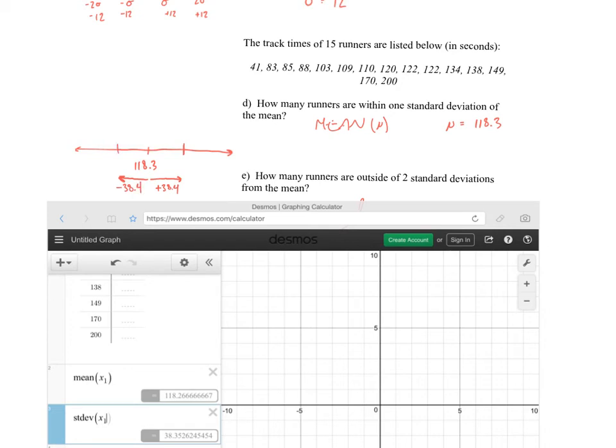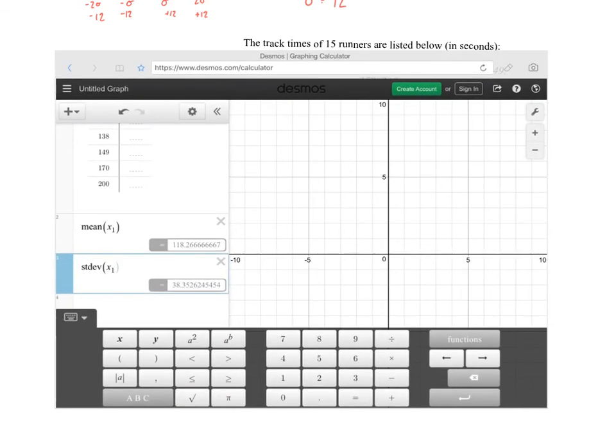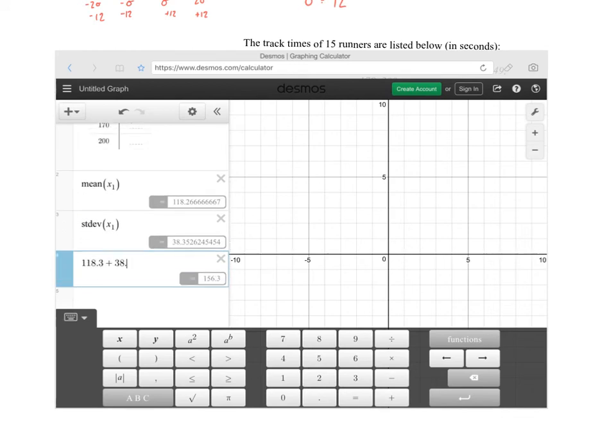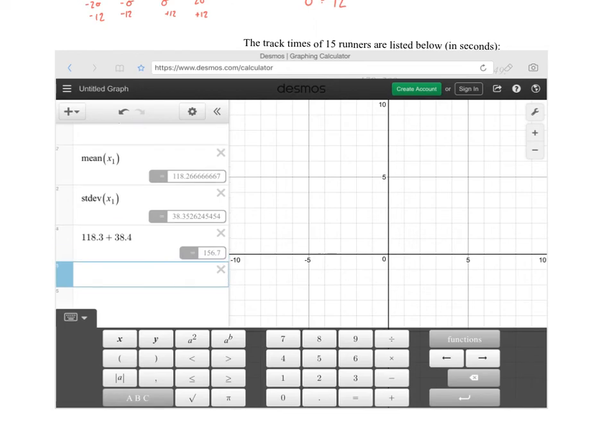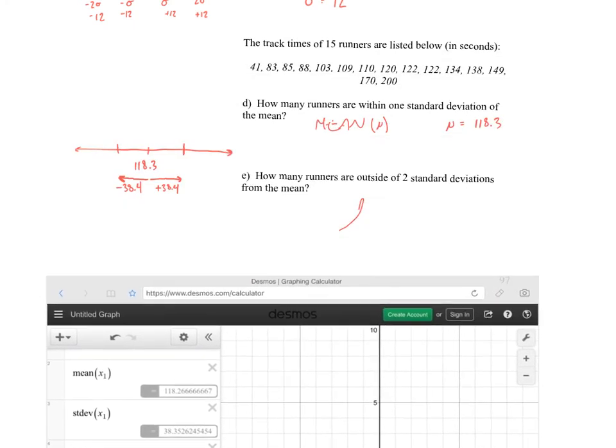We're going to figure out how many runners are in this range. So what we need to do is 118.3 plus 38.4, and we also need to do 118.3 minus 38.4. All right, so we've got from 79.9 to 156.7.